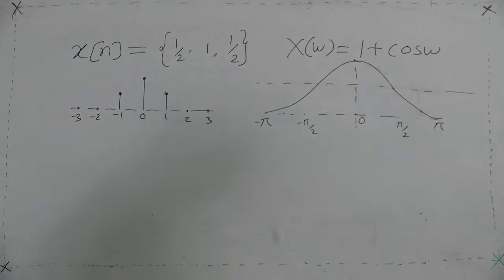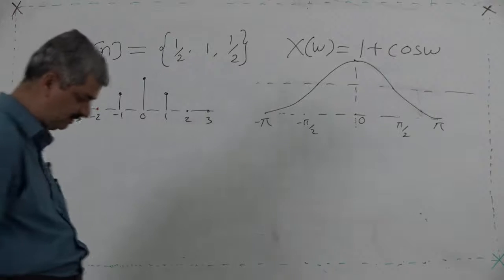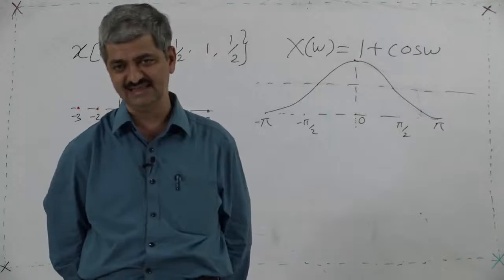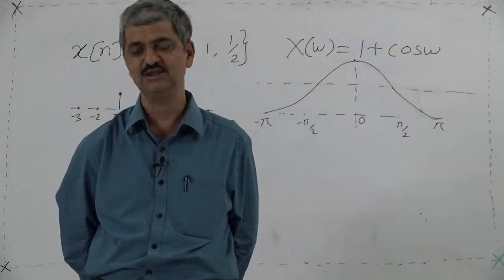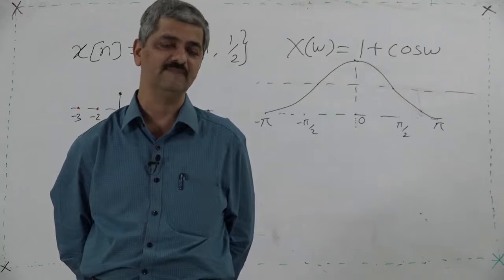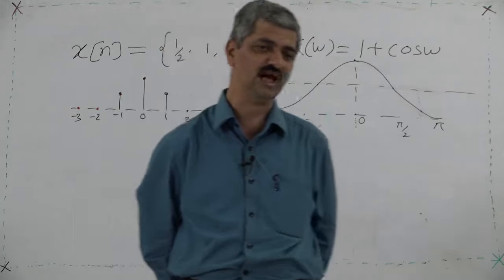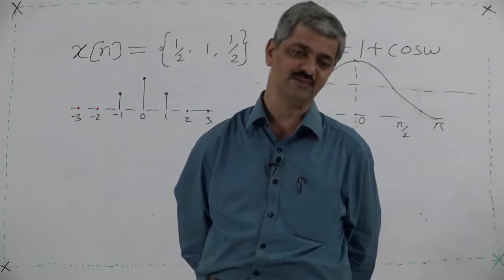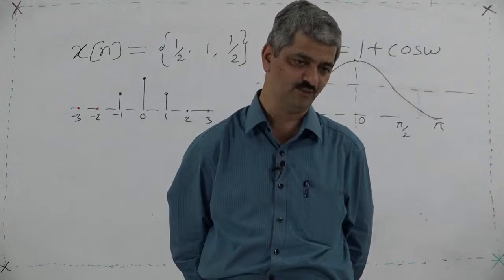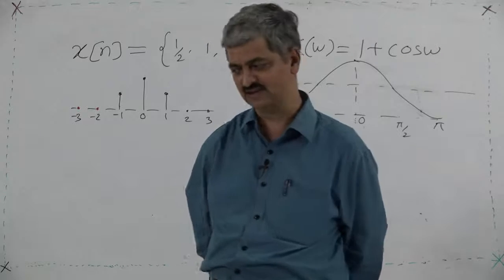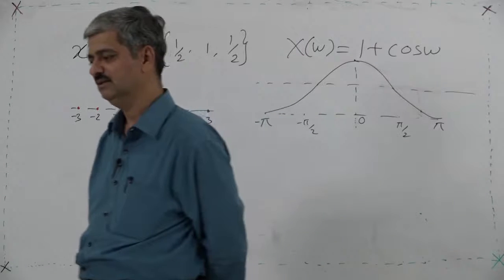When the discrete time Fourier transform is found, I am attempting to make the given discrete sequence comprised of components I know, and each component is a rotating point. In the previous lecture we discussed that it is not so easy.